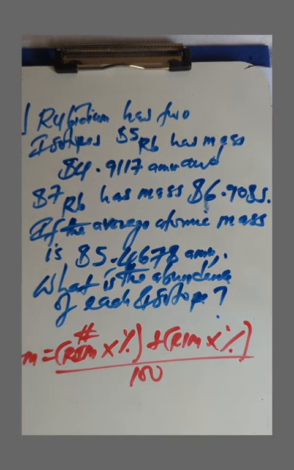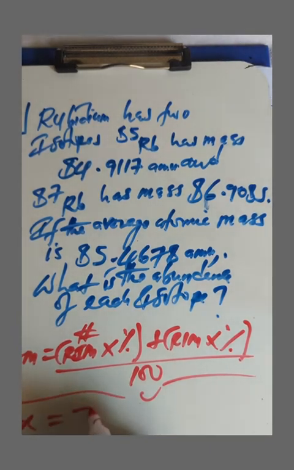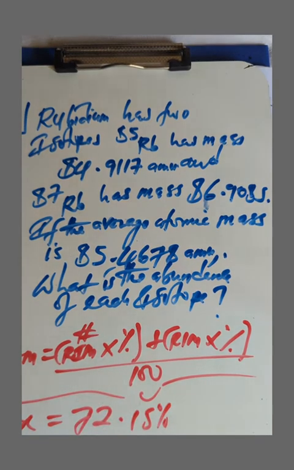The answers you're supposed to get: the first X value should give you 72.15%, and the second value should give you 27.85%.